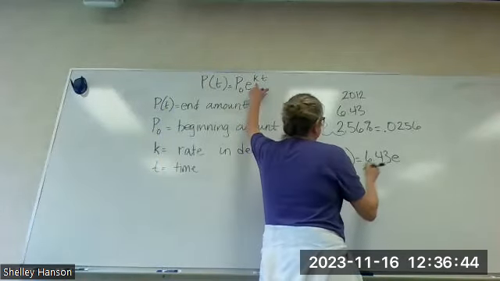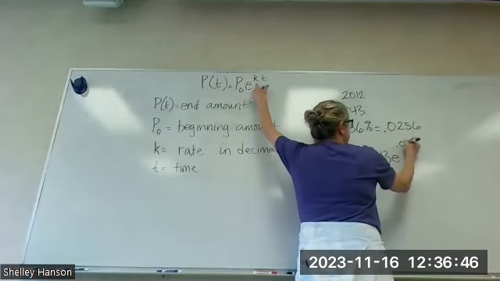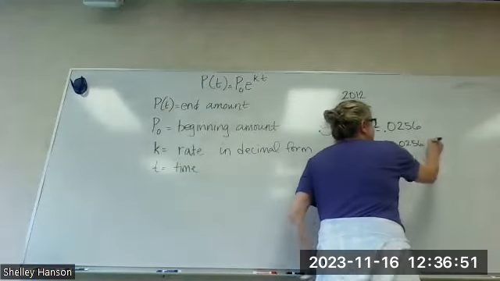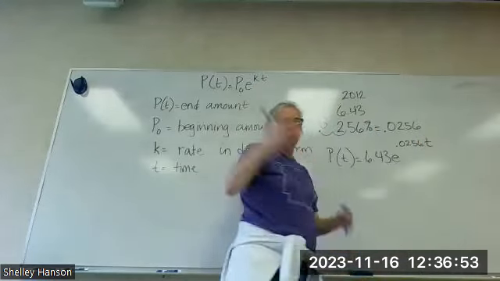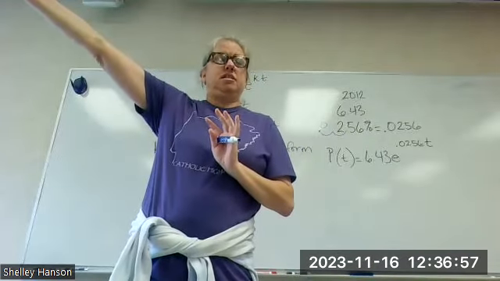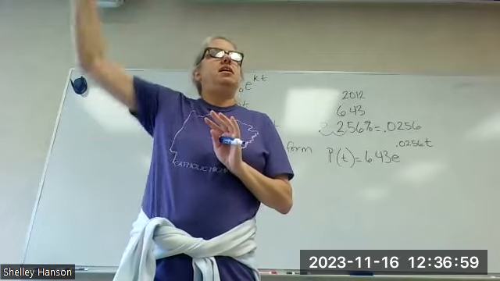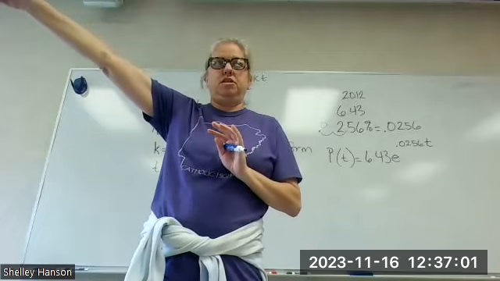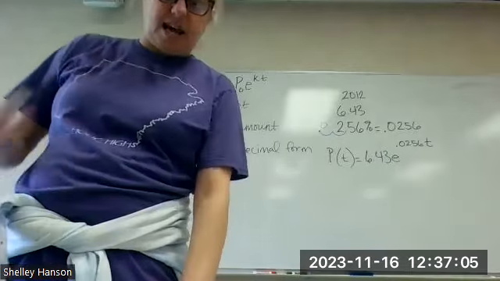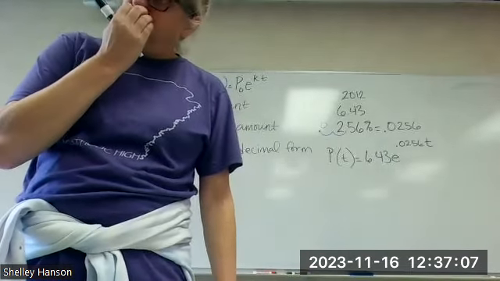So my K of the exponent is 0.0256. I don't know the T. That's what I'm going to fill in, depending on how far out I'm looking to see what the population will be in further years. So that's going to go in your first blank. That's the formula that we're going to use.